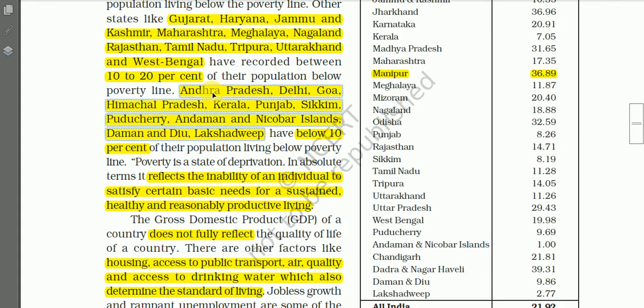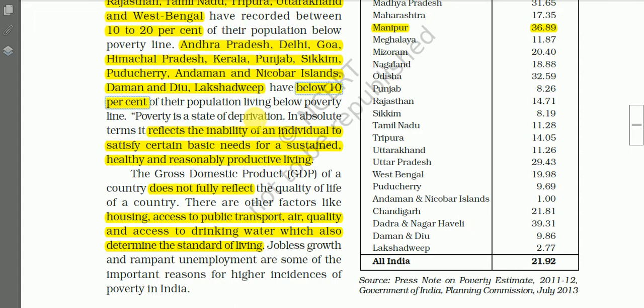Then Andhra Pradesh, Delhi, Goa, Himachal Pradesh, Kerala, Punjab, Sikkim, Puducherry, Andaman Nicobar Islands, Daman and Diu, and Lakshadweep have below 10% of their population below the poverty line. So all these states and union territories have a low percentage of population below the poverty line. So this is about the distribution of poverty in India.